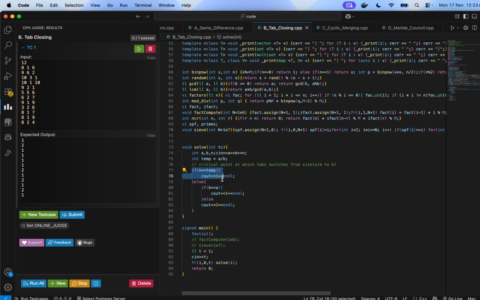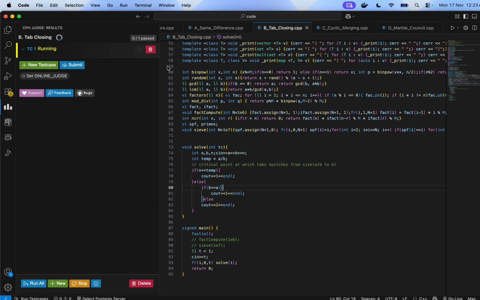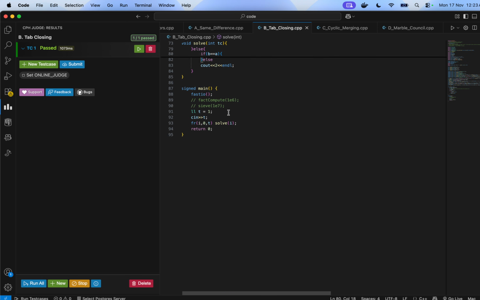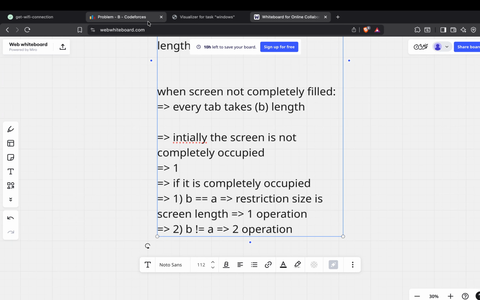Now, if M is already smaller than temp, that is, it is already in the B part, then only one operation is required. And in the other case, if B equals A, then one operation is required. Otherwise, two operations are required. So this is it for the second question. Let's move to the third question now.